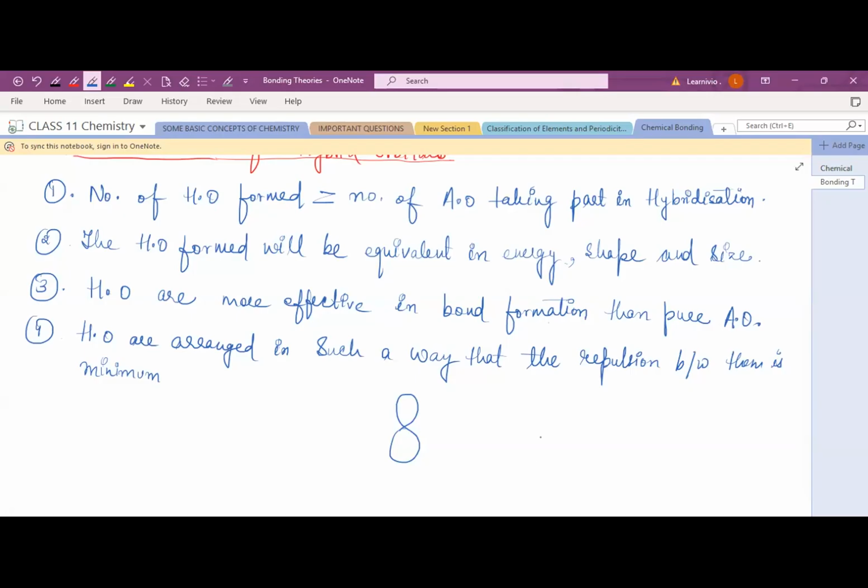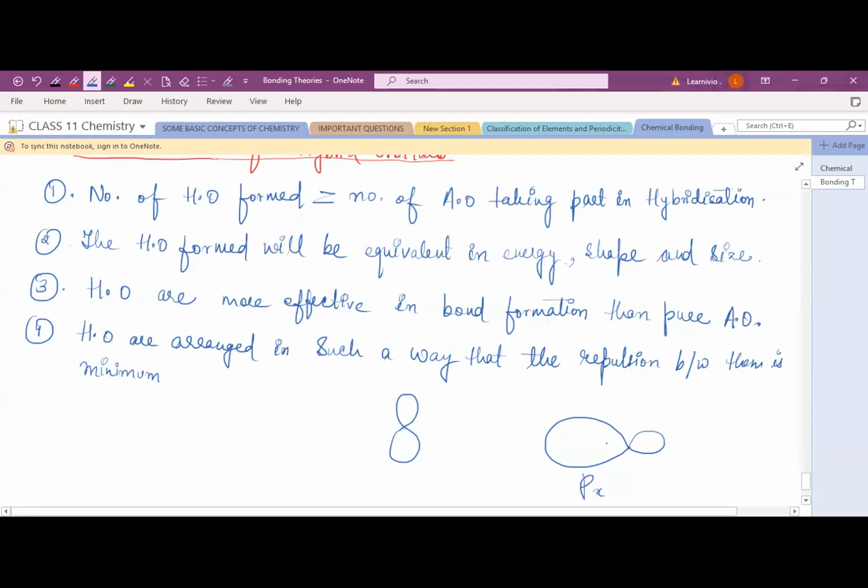And that's why hybrid orbitals have one enlarged lobe than the other. Suppose we have a p orbital, your px orbital, it has one enlarged lobe, and the second lobe is small. So due to that, the repulsion between the two orbitals becomes minimized. Here the repulsion is minimized due to the distance.